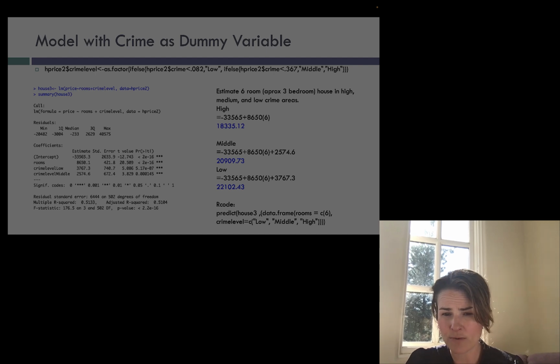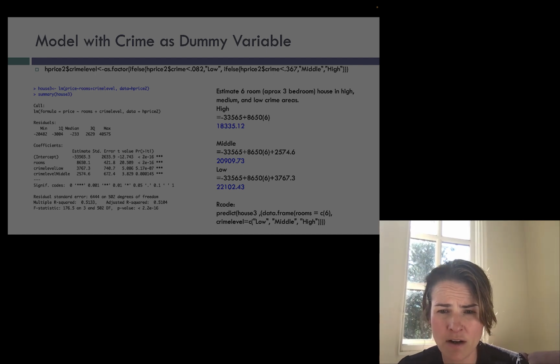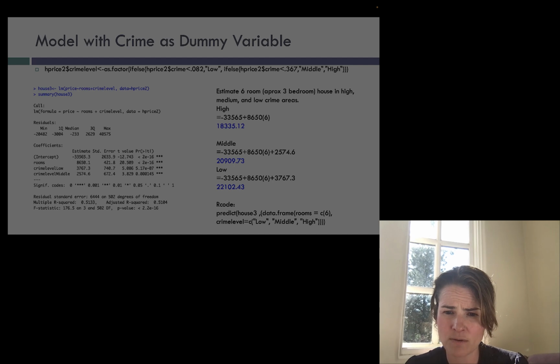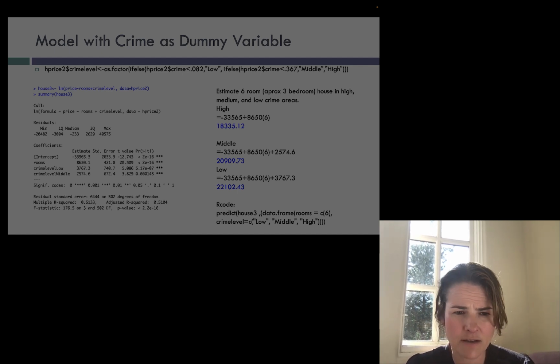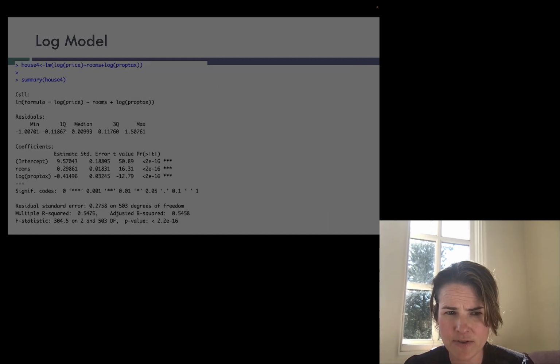And there's some code for you to do the predictions in R instead of laying it out. But if you kind of lay it out, right, you get the intercept plus the slope coefficient on rooms times the number of rooms plus the deltas for each of those crime levels.